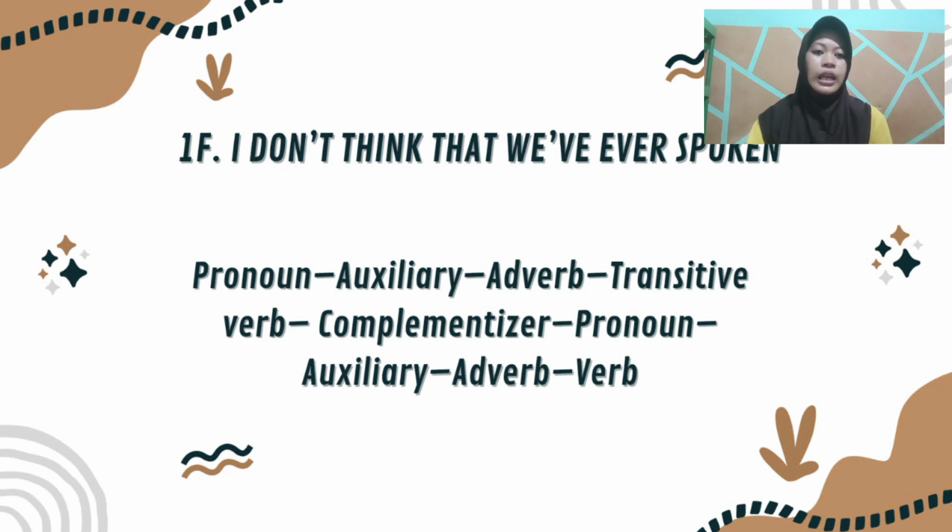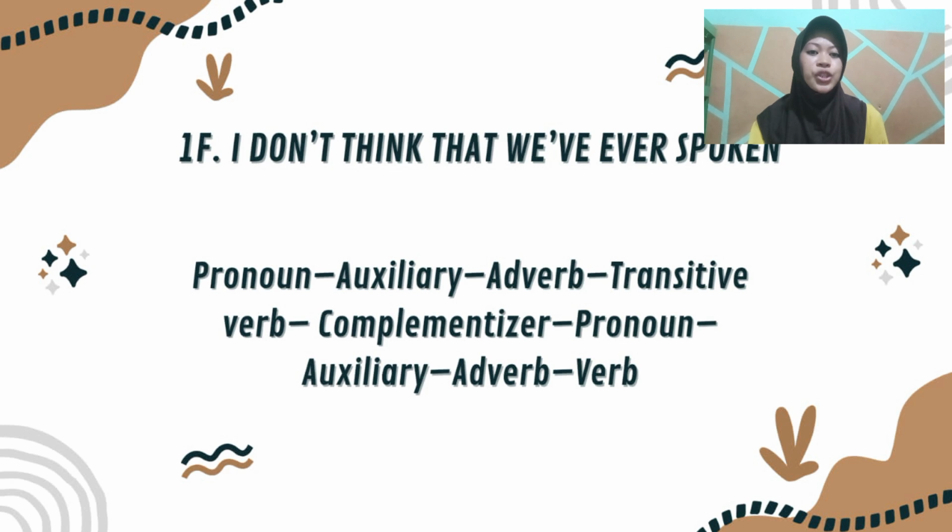So, the clause that we've ever spoken provides additional information that completes the meaning of the verb think. By understanding this function, I see that every part of the sentence is interconnected and plays a clear role in forming the overall meaning.